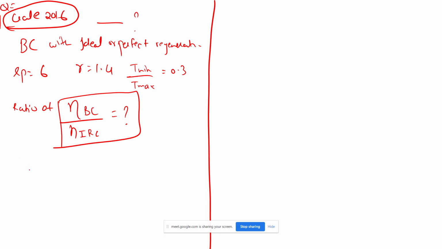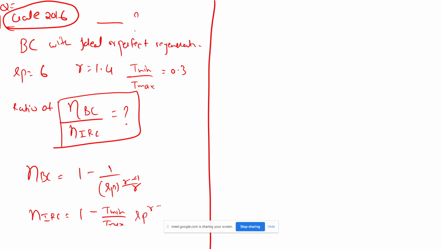I'll give you the formula also. For the Brayton cycle, it is 1 minus 1 upon Rp to the power (gamma minus 1) by gamma. For the ideal regenerative cycle, it is 1 minus T minimum upon T maximum times Rp to the power (gamma minus 1) by gamma. So you have to take this ratio only.